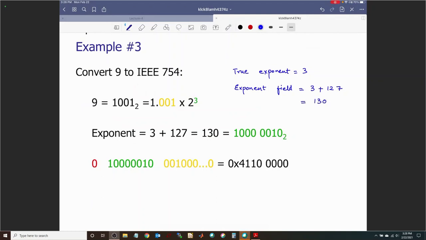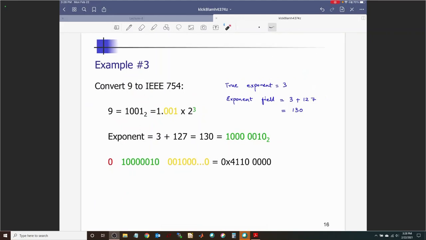Using that 130, I'm going to translate that into an 8-bit sequence, and that will give me 10000010. So that's 130. So putting things together, I've got my sign bit over here, positive, right? It was positive, so that gives me positive there. Then I've got the exponent field right there, 8 bits.